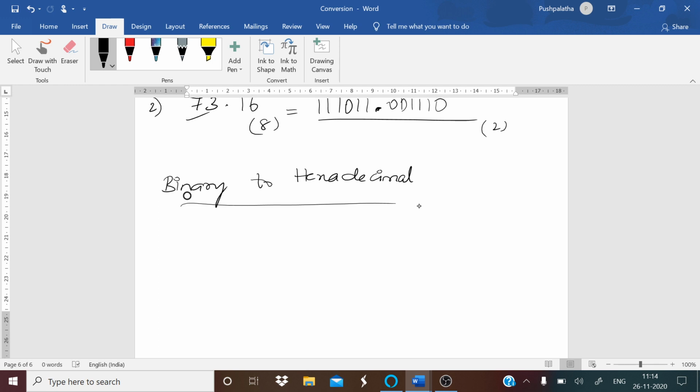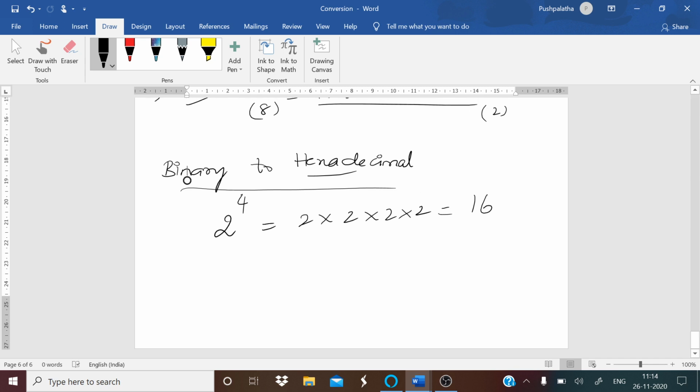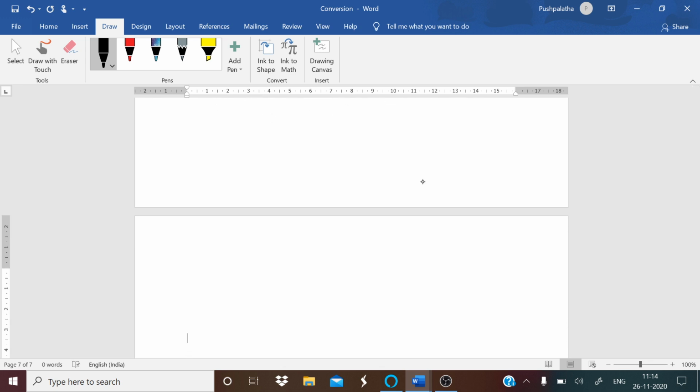Hexadecimal means 2 to the power of 4, that is 2 into 2 into 2 into 2, which is nothing but 16, right? So how are you going to represent it? We are going to represent it in terms of 4 bits, that is 0000.